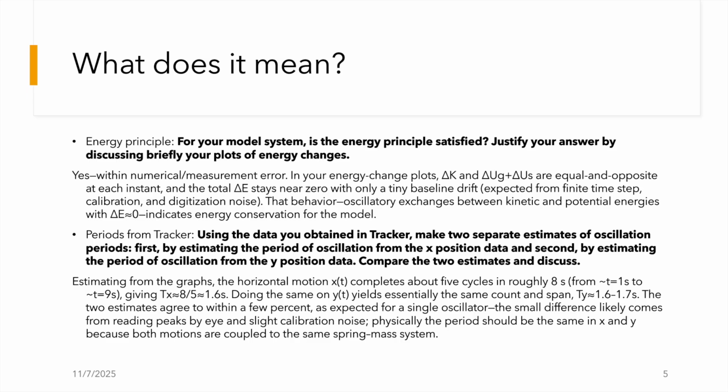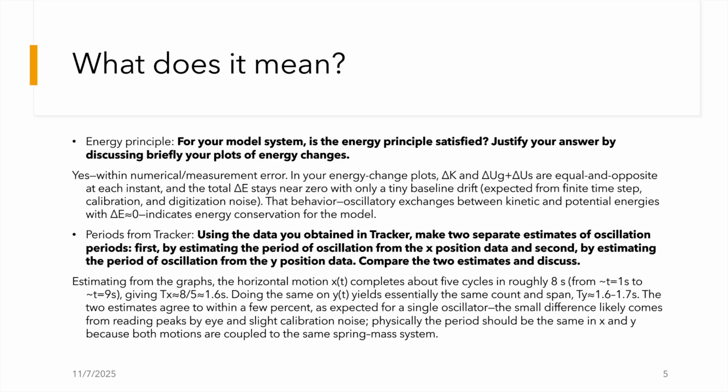The energy principle for your model system: is the energy principle satisfied? Justify your answer by discussing briefly your plots of energy changes. And I said yes, with a numerical and measurement error.